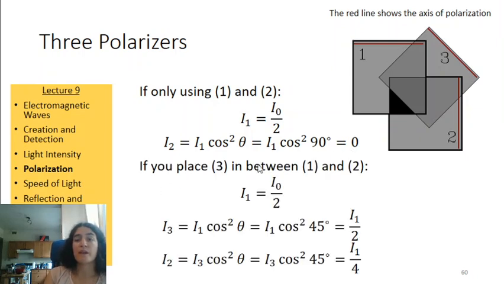But if you place 3 in between 1 and 2, then the light that comes through polarizer 1 and 3 would be a half of the initial, and then the light that shines through 1, 3, and then 2 would be a quarter of the initial, right? So it's very interesting that here I would expect the light to be cut by a half and then by a half again, but there I would expect no light to shine through at all.